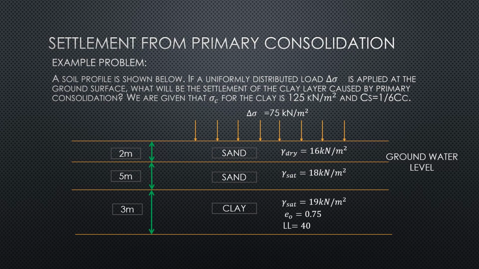So the unit weight of the sand will be the saturated unit weight, 18 kilonewton per cubic meter. And below the sand will be our clay. The 3 meters below the sand is clay, so it is already saturated. The unit weight will be 19 kilonewton per cubic meter, with a void ratio of 0.75 and a liquid limit of 40.